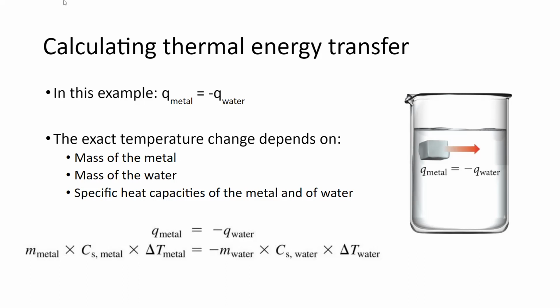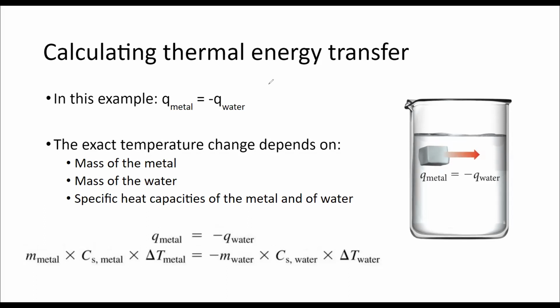So what our equation is saying here, if we put a metal into water, let's imagine that we put cold metal in hot water. The heat gained by the metal, Q metal, is equal to the heat lost by water, minus Q water. So this is our conservation of energy again.